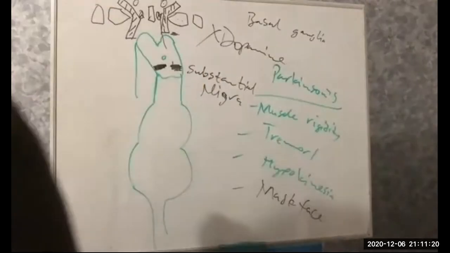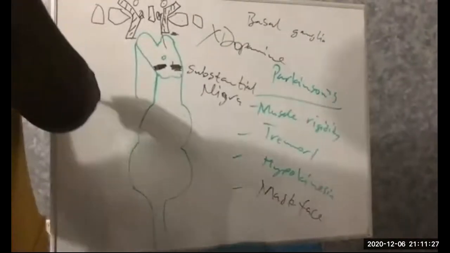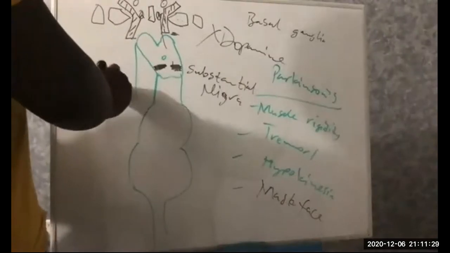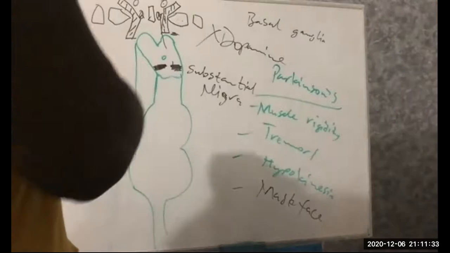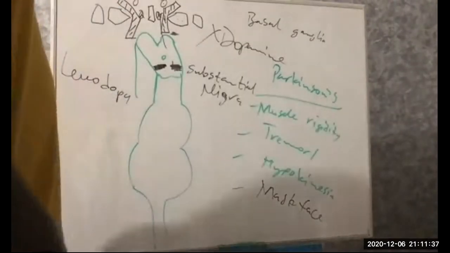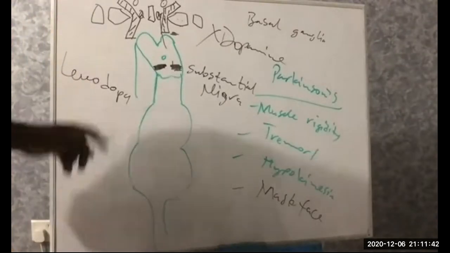So if you are going to treat that patient, what do you do? You give a dopamine supplement so that dopamine can go there. We have a drug called levodopa. If someone has Parkinson's disease, they are lacking dopamine, so you give a dopamine substitution, and levodopa does that job.